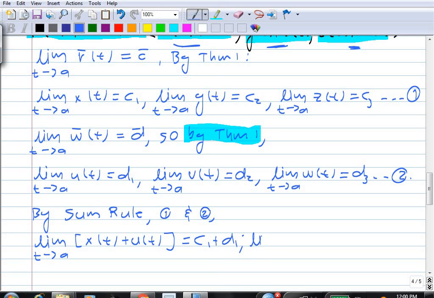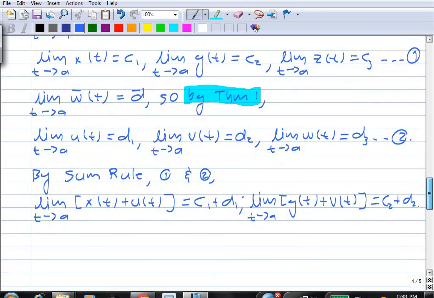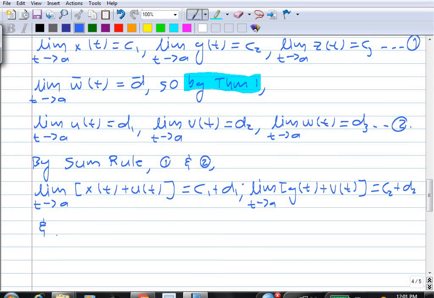We also know that the limit for the second component, y of t plus v of t, exists and is equal to c2 plus d2. And the limit as t goes to a of the third component, z of t plus w of t, exists and is equal to c3 plus d3.